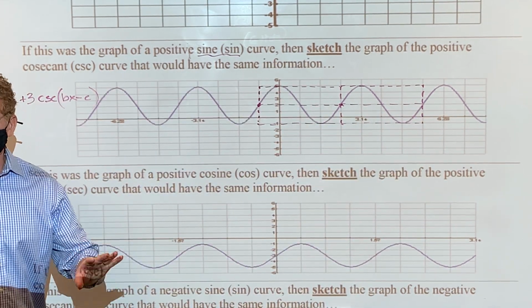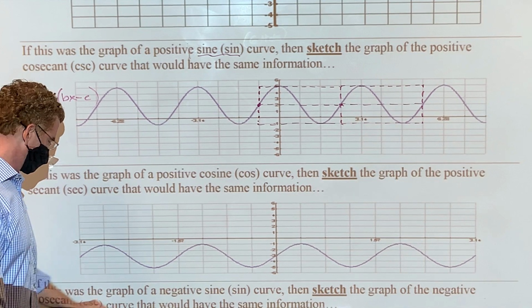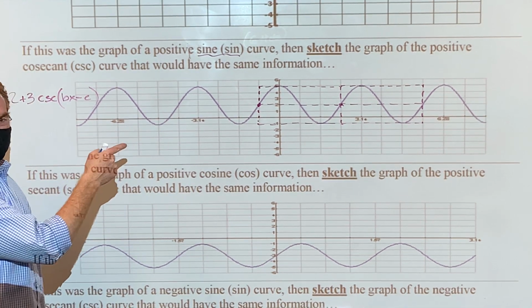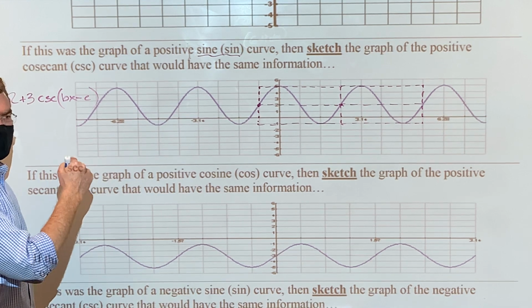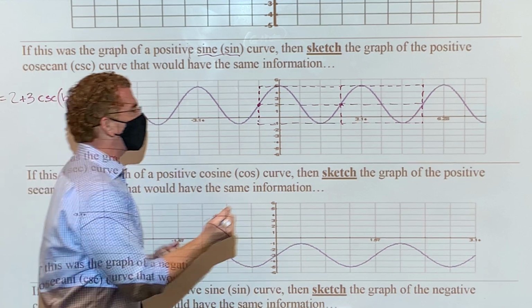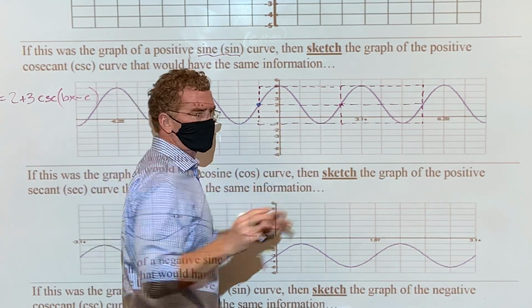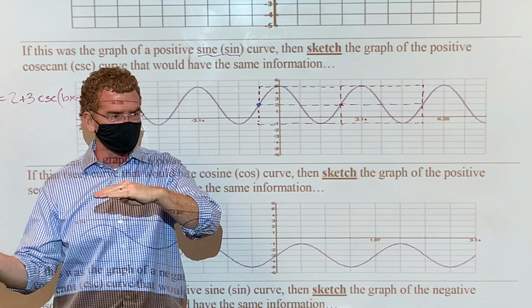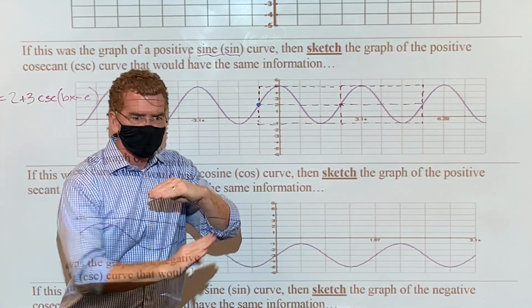The only 2 things you have to do are these. Wherever your sine curve would have hit the D, which is that middle line, that's where your sine curve would have been 0, right? Because a regular sine curve starts at 0, hits 0, comes back to 0.